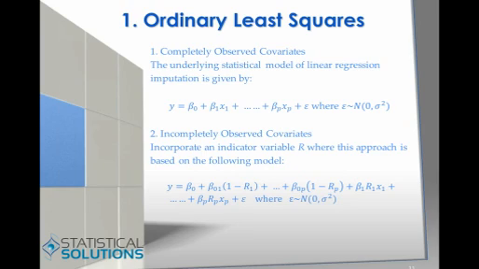For the incompletely observed covariates, we introduce an indicator variable R, which defines whether the variable is complete or incomplete. We have the intercept beta 0 times 1 minus R1, and so on for the number of variables that you have, and then you include beta 1, R1, x1 down as far as xp.